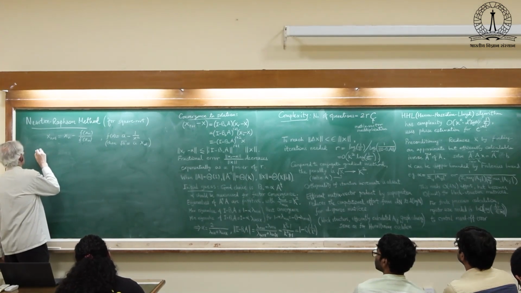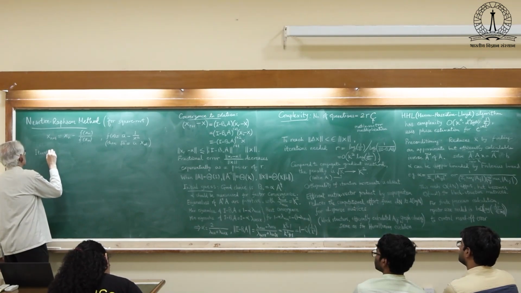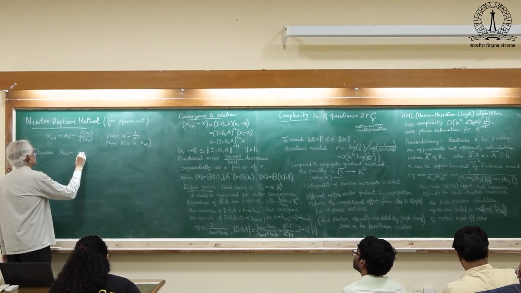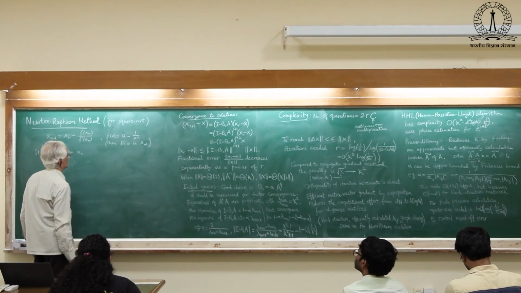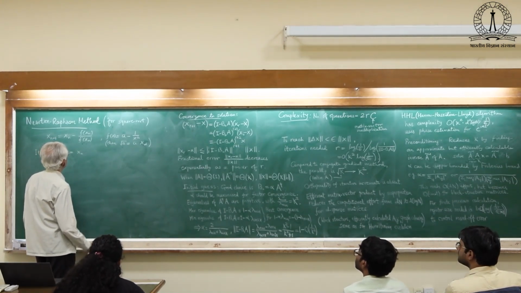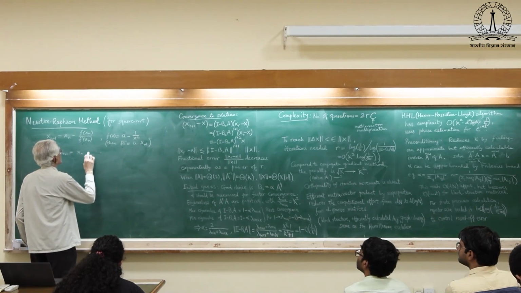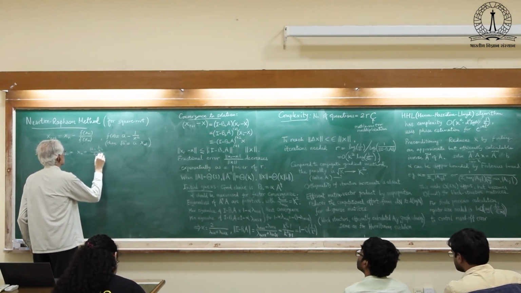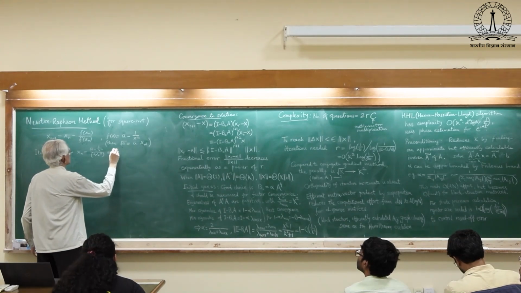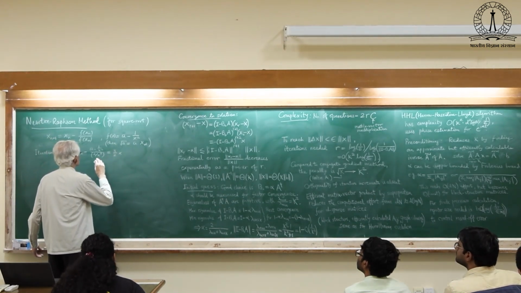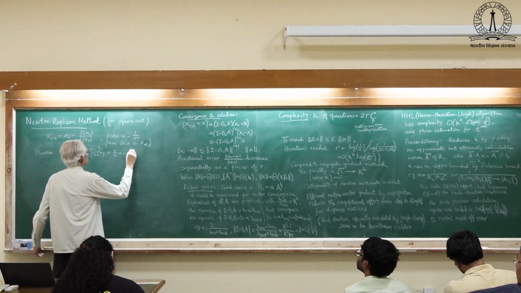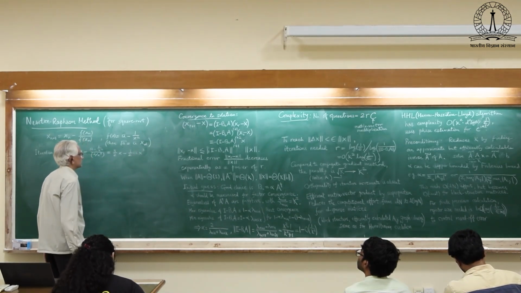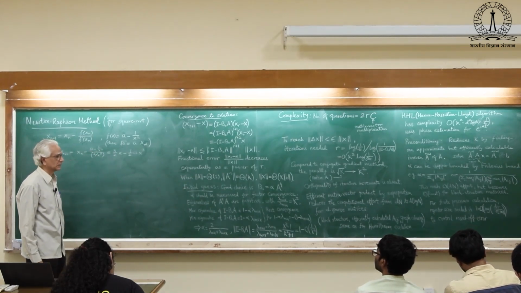So the iteration will be x of n plus 1. Then the derivative of this is 2 divided by x cube. Some result comes out of this particular type.